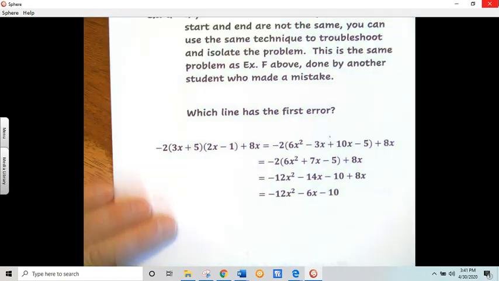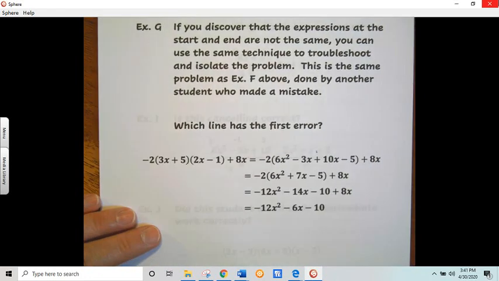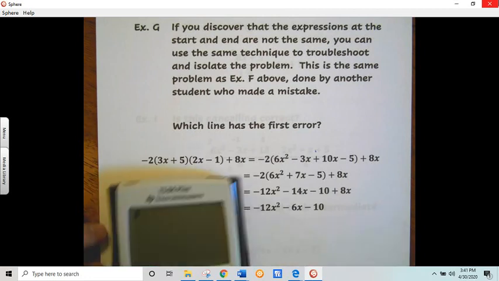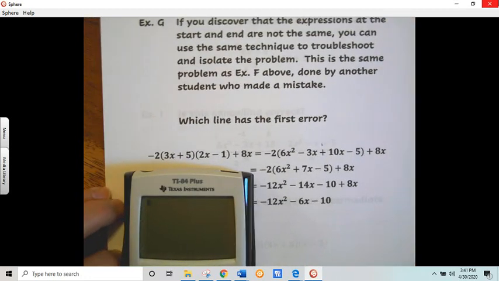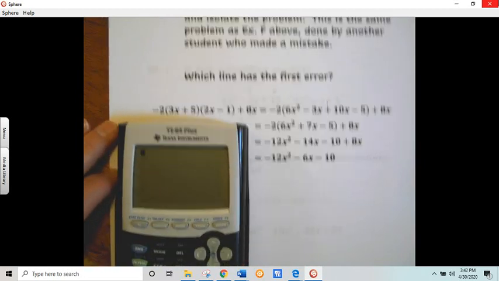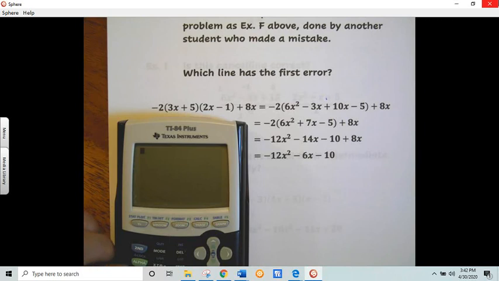Okay, here's another student that wasn't quite as careful doing the exact same problem. So we're going to troubleshoot this. In other words, we're first going to find out that it's wrong by typing what we did before. So I'm going to just see if x still has that number in it. Yeah, we're good.